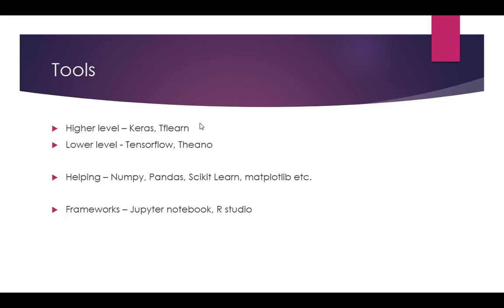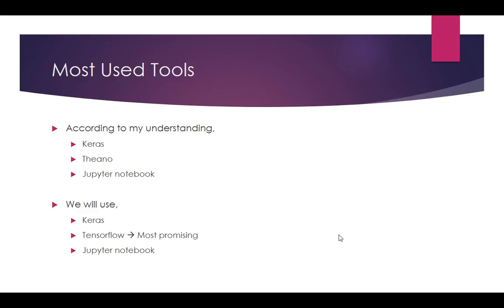What are the tools used for machine learning? There are some higher level libraries like Keras or tflearn that can be used for machine learning. You can also use some lower level libraries like TensorFlow, etc. There are some helping libraries like NumPy, Pandas, scikit-learn, matplotlib, etc. And for the frameworks, you can use Jupyter Notebook, RStudio, and some other frameworks as well. So what are the most used tools for machine learning?